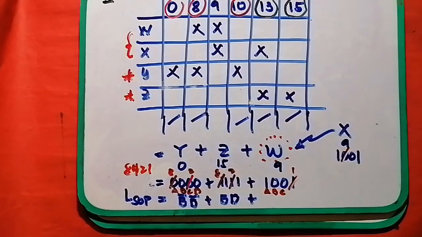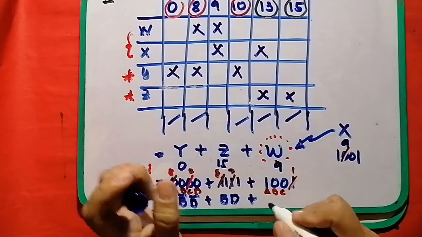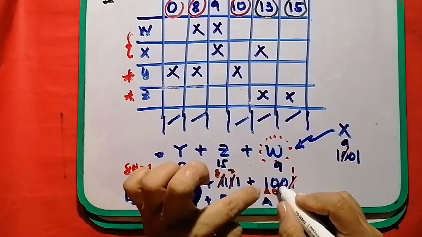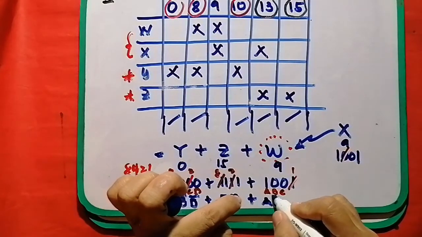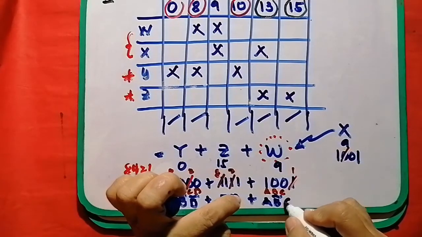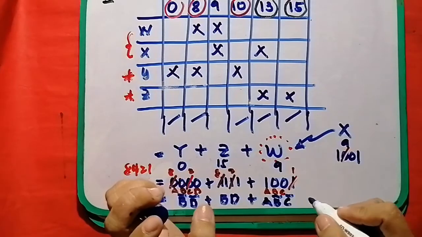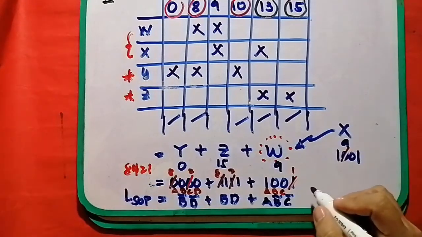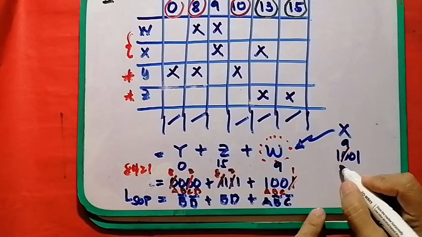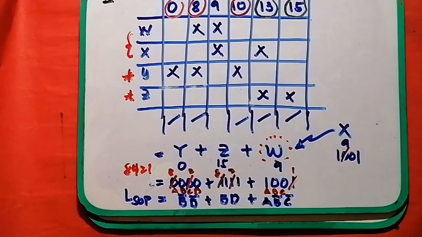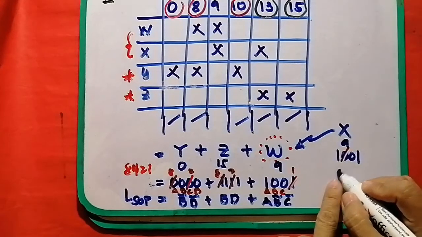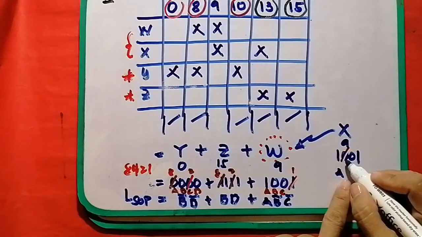So that would be A, since that is 0, not B, since that is 0, not C. Or, this one is also A, B, C, D. So, therefore, this is A, cancel.